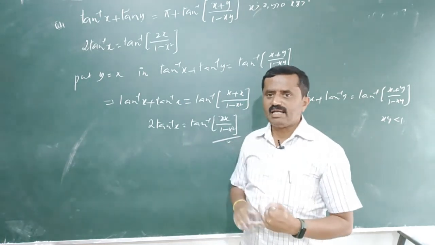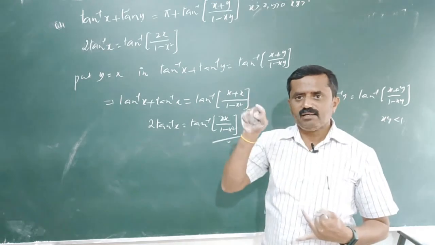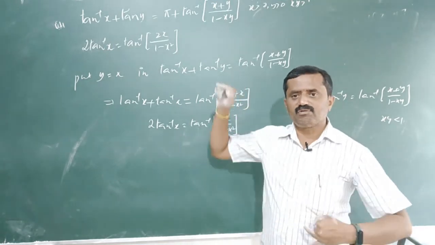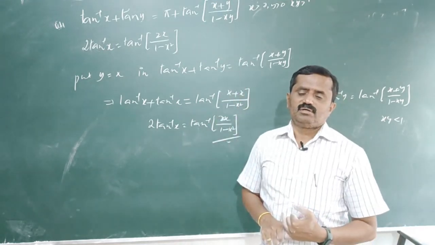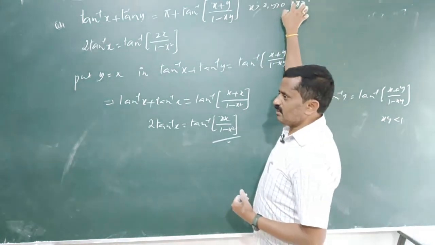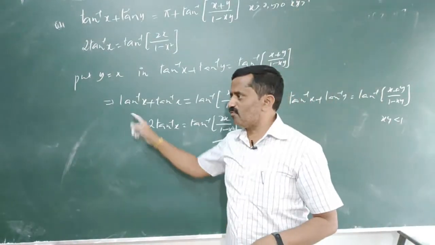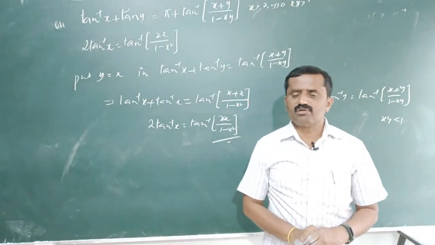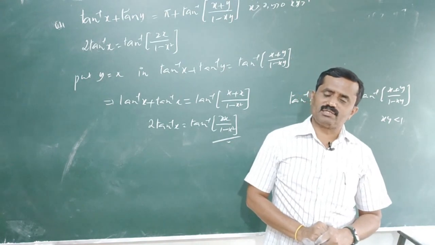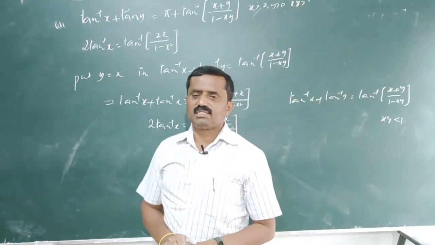Next, tan inverse of x plus tan inverse of y is equal to pi plus tan inverse of (x plus y) whole divided by (1 minus xy) when x, y greater than 0 and xy greater than 1. Next, 2 tan inverse of x is equal to tan inverse of 2x divided by (1 minus x square). Okay. You should remember these properties.